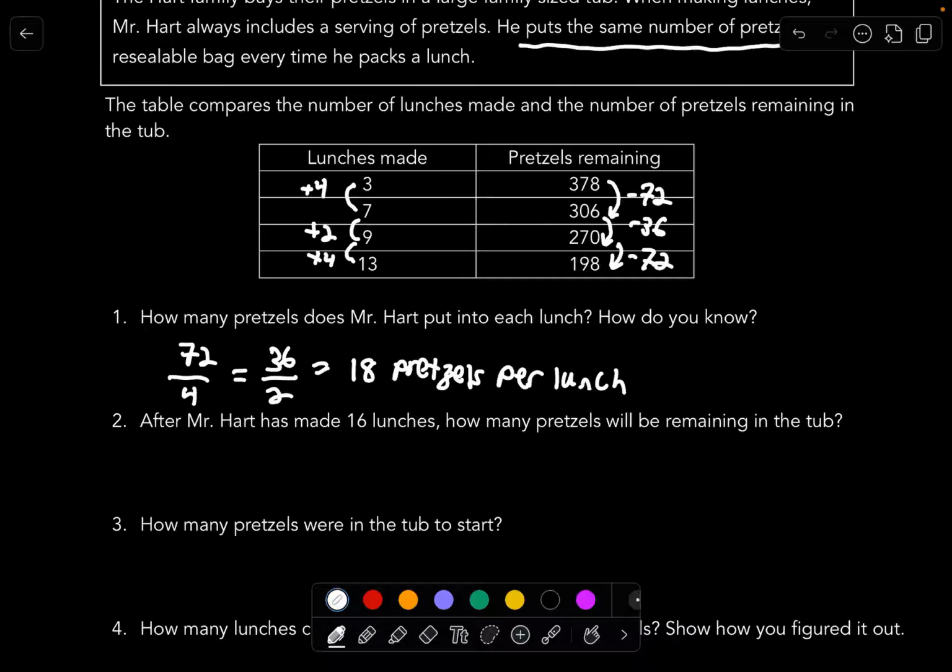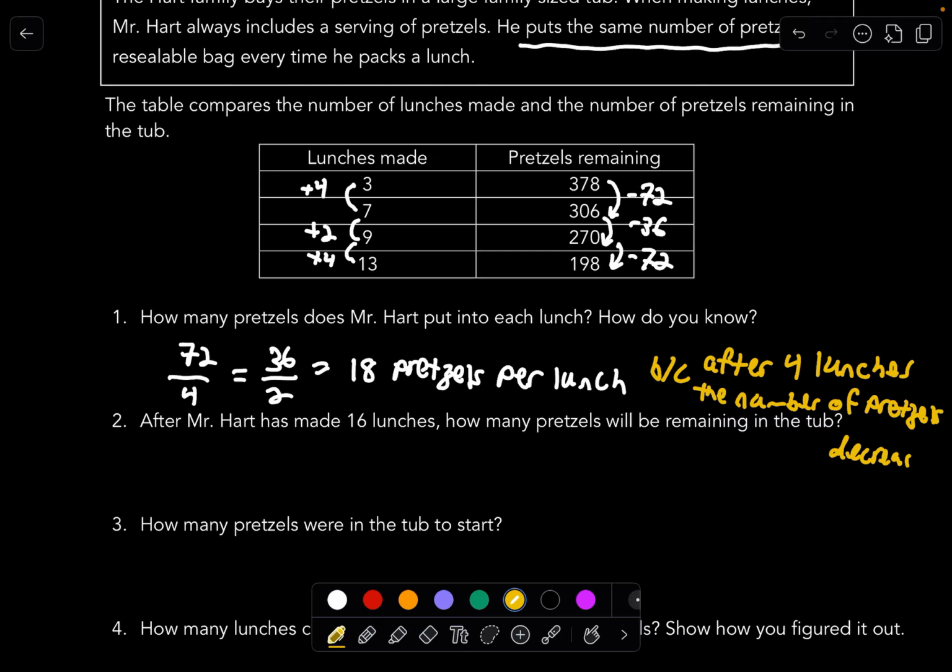And the reason how we know is because after 4 lunches, the number of pretzels decreased by 72.